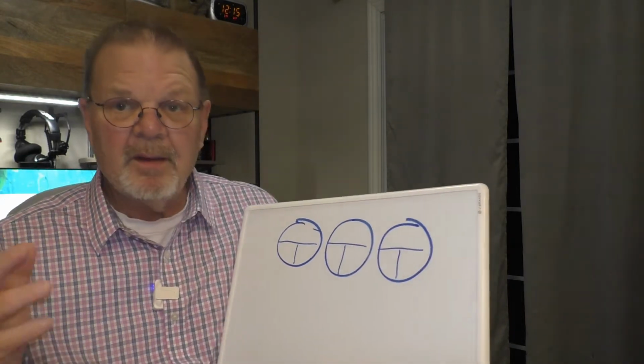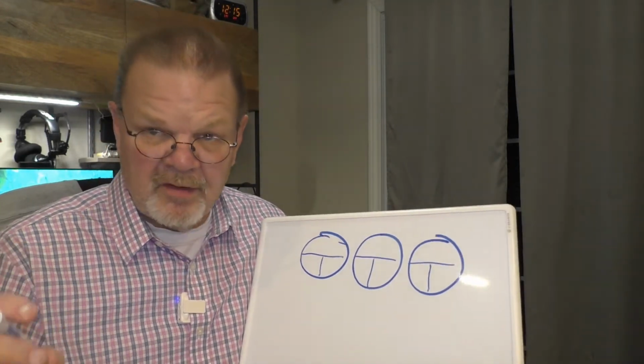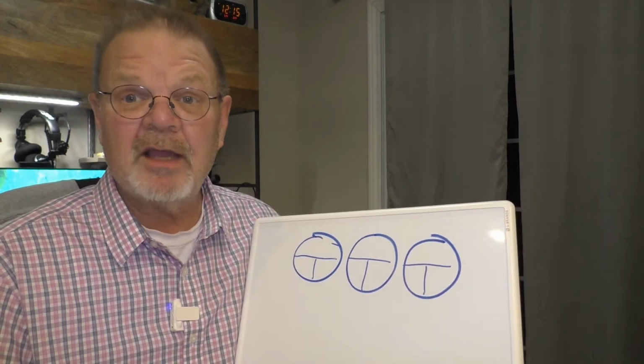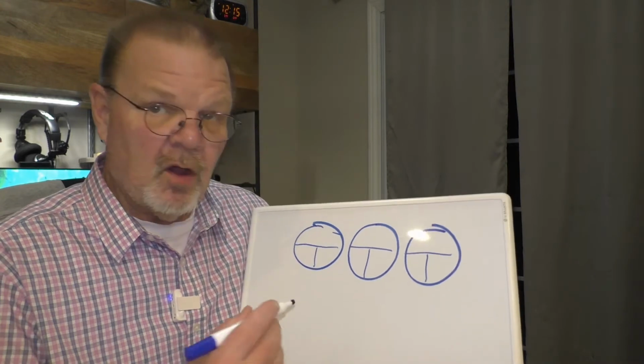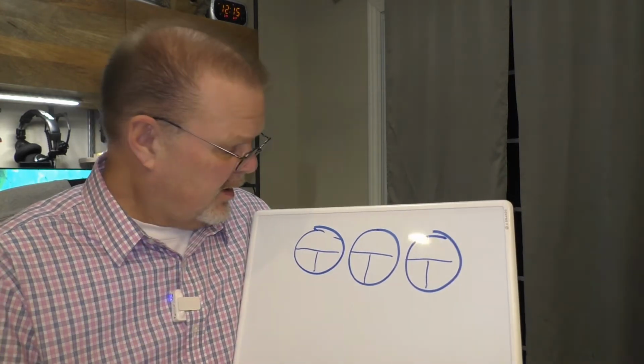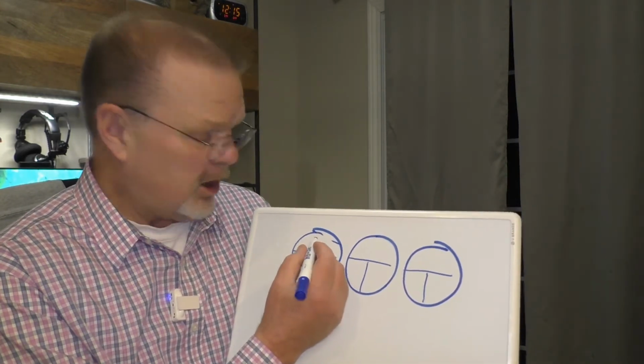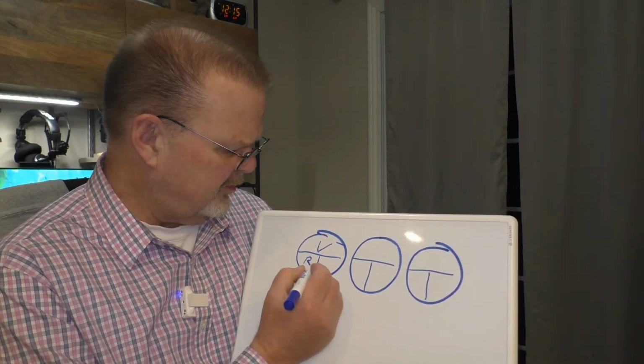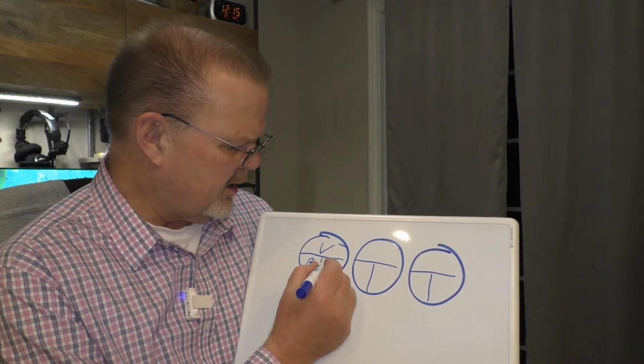Now, the first one represents Ohm's law. We'll talk about that in just a second, but just know that it's Ohm's law. So, that tells us that voltage is equal to resistance times current.